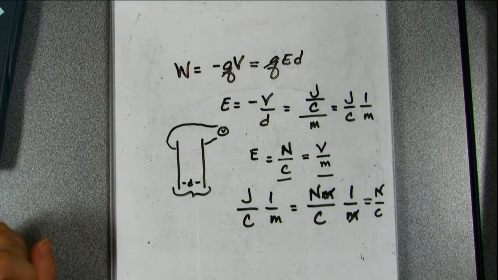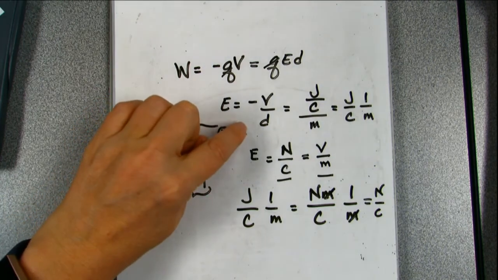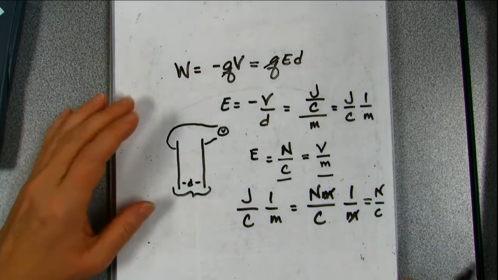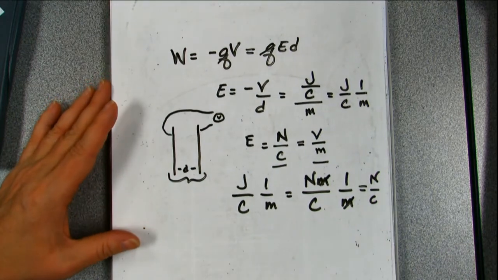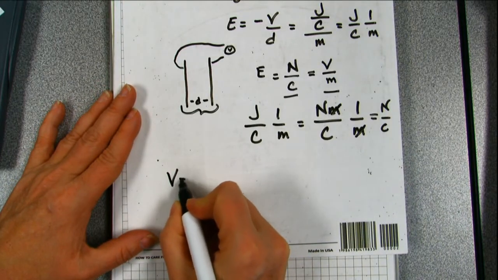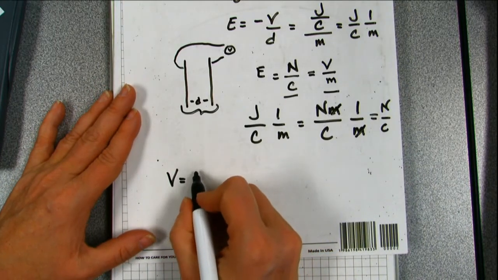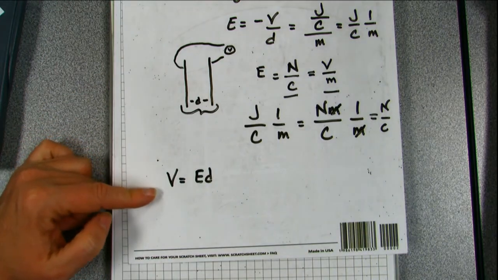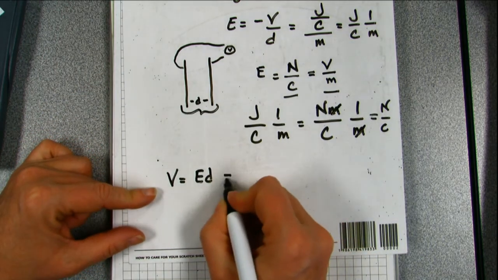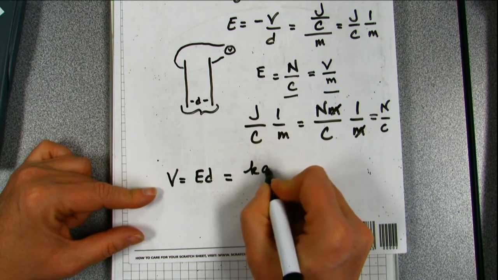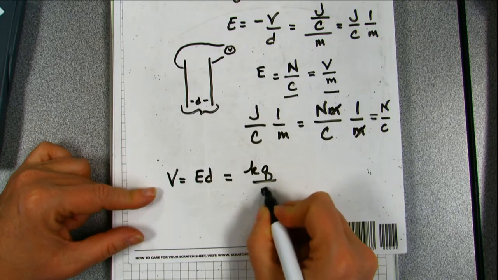All right. So electric field is volts per meter, right? So if I do this, let's do voltage. Let's come back here. We get voltage is equal to ED, or the magnitude is equal to ED, right? We know that the electric field, because we played with it so much, is kQ over R squared.